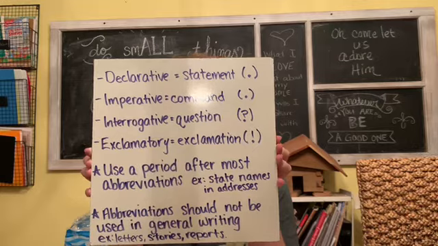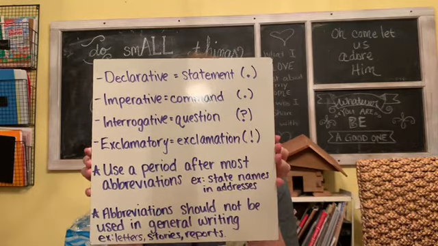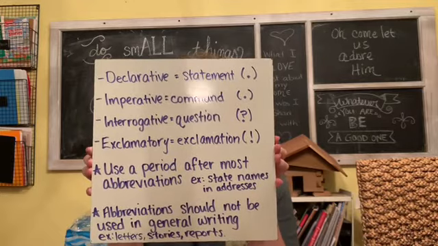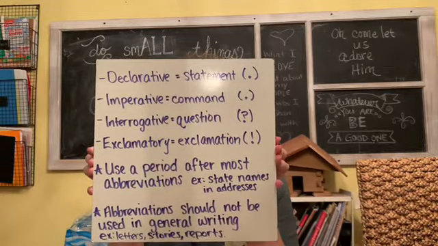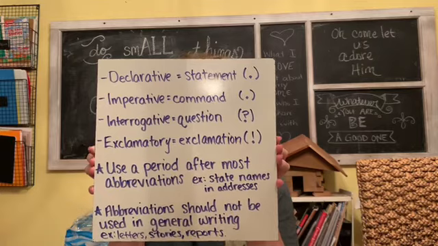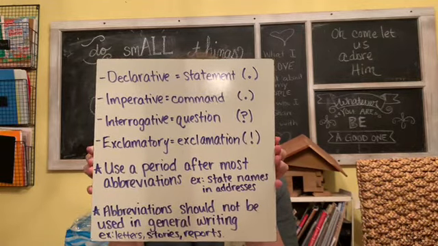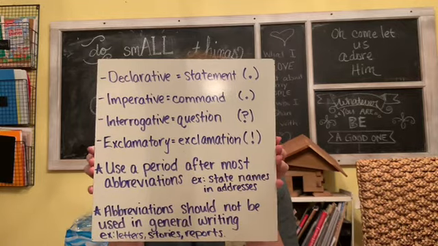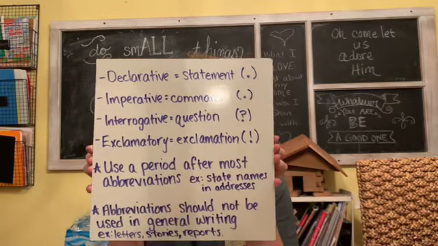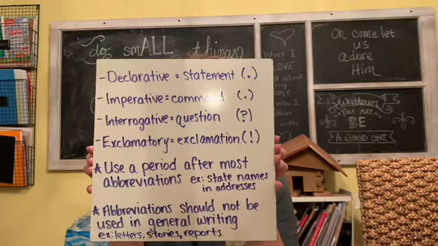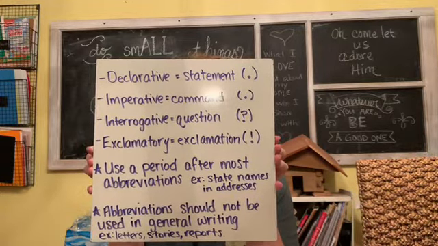The third type of sentence is an interrogative sentence. Interrogative means question, okay? So if I said, where is your book? I have asked you a question. It has to have an answer. Interrogative sentences end with a question mark. Then the fourth type of sentence is exclamatory.